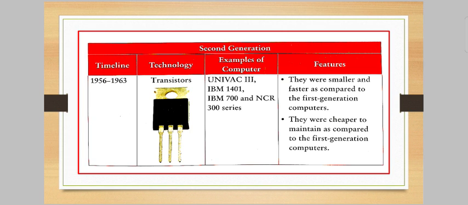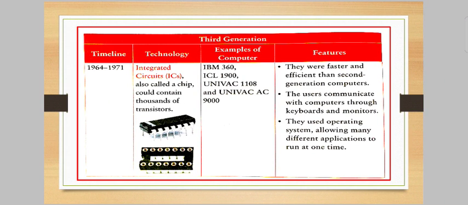Features: they were smaller and faster compared to the first generation computers, and cheaper to maintain. The main thing is the second generation computer used transistor technology.